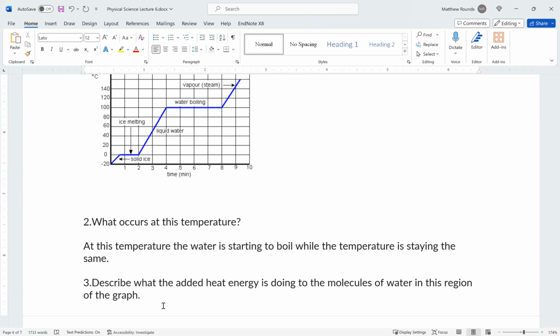The molecules are moving extremely fast, I assume, when water's boiling. Yes, do you want to say that? They're heating up, they're increasing in speed. You can even say they're more rapidly.